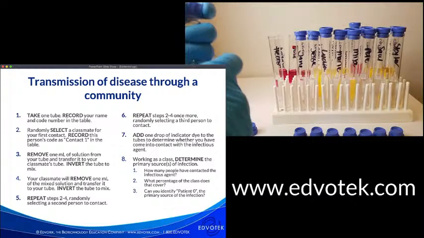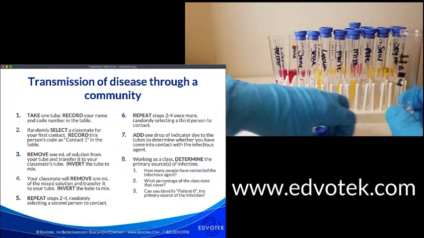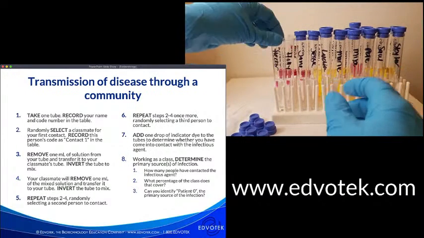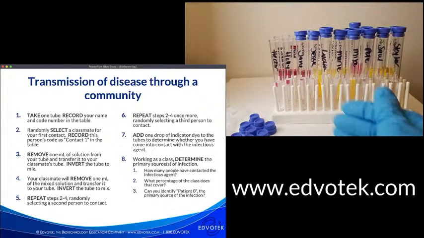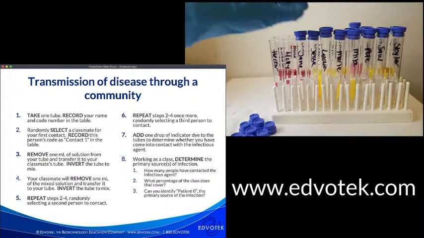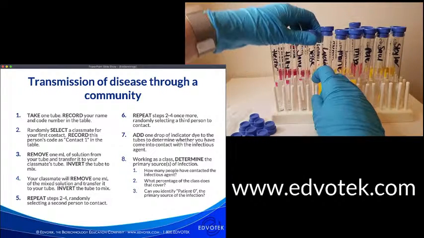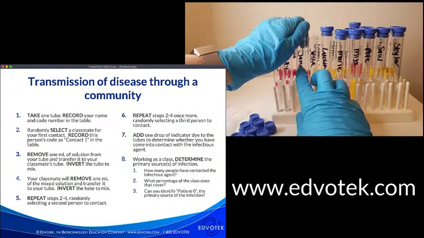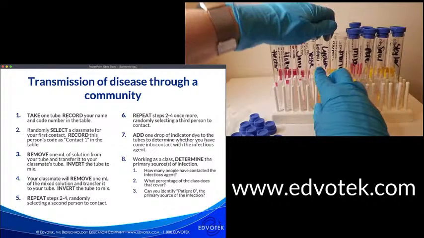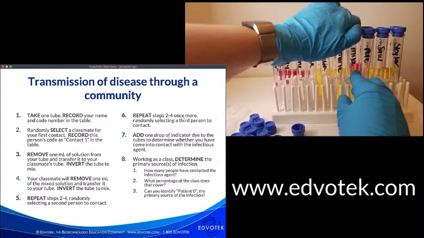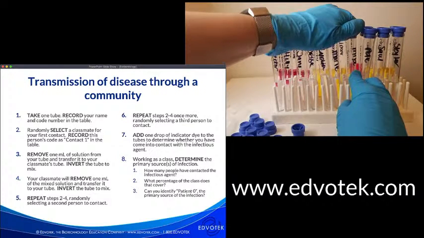And so that's really going to model what would happen if a person was in contact with an infected person, and that virus, that bacteria was allowed to have time to reproduce within the human, and that human was able to become infectious. And so then we add the indicator dye again, just like we did before. Only again, these people were making contacts, going away for a few days, becoming infectious, and then being able to interact with people again.